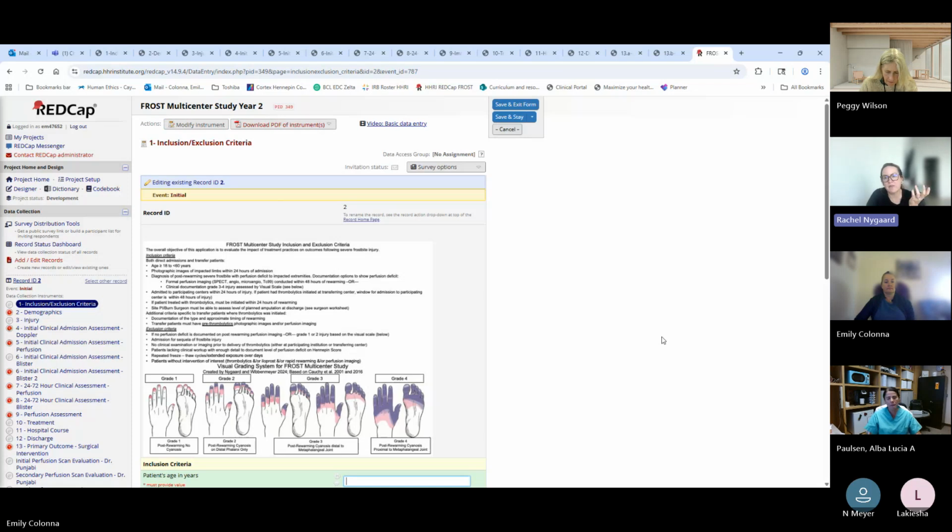And so if that gets funded, it won't be until 2027. So we've got a couple of years before that would be up and going. So if you're interested in submitting data for the sub-study, that's for authorship.